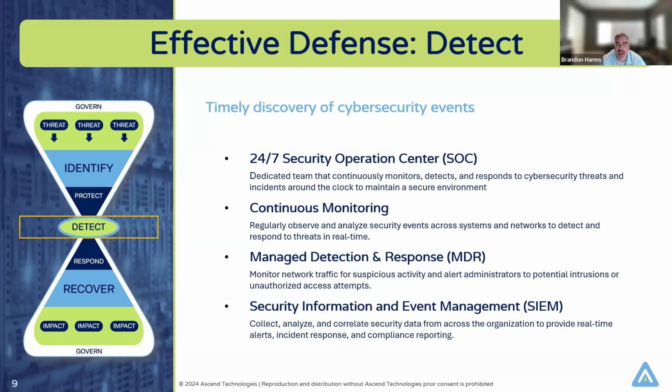The tool we use for that, in addition to all those protection software, firewalls, configurations for your cloud services, for your on-prem services, is what we call a SIEM, or Security Information Event Management.